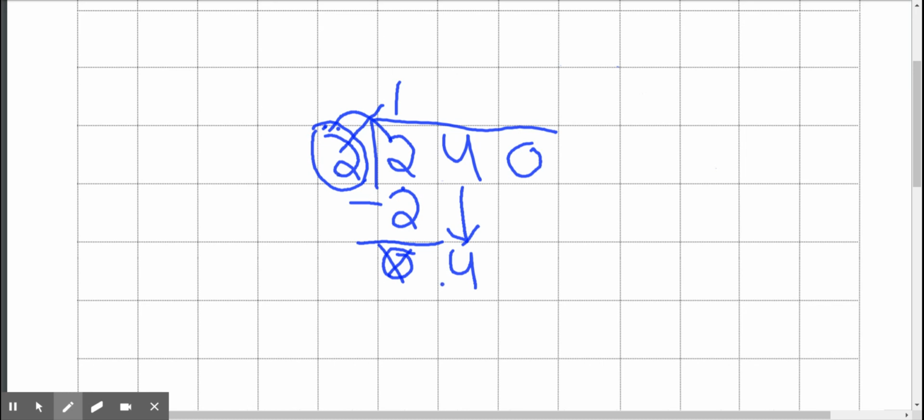We now have to ask ourselves, how many times can 2 go into 4? Well, 2, 4, twice. It goes in there twice. 2 times 2 is 4. 4 minus 4 is 0.